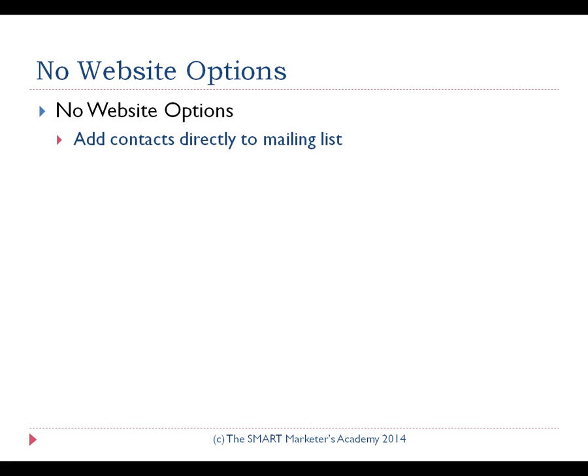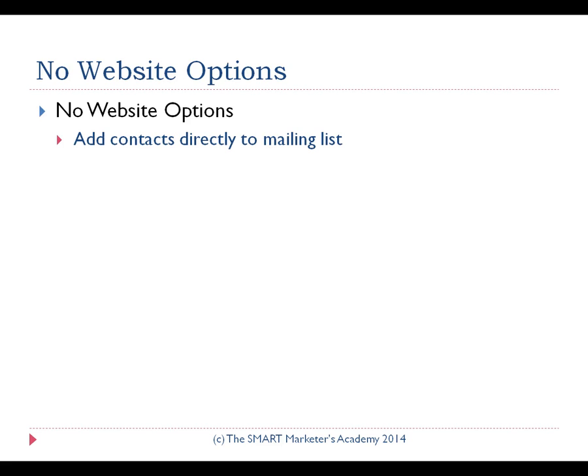For instance, if you go to a networking meeting or meet people in different places and tell them about your freebie, you can collect their details and ask if they would like to be added to your list. Then you'll have to log into your email service provider's website, access your list, and add them directly.